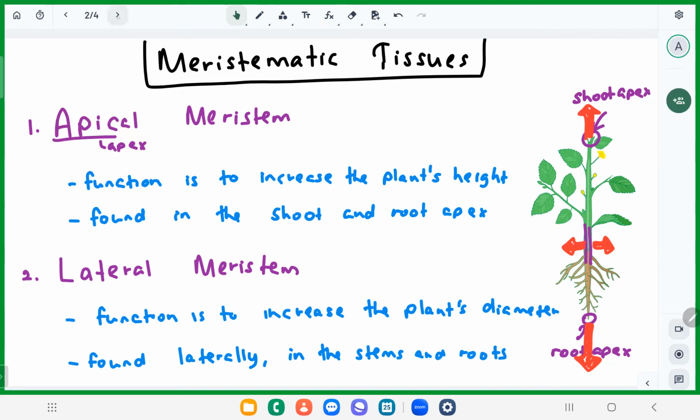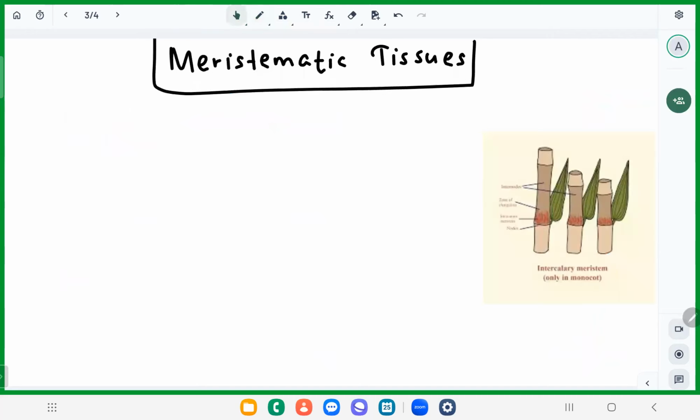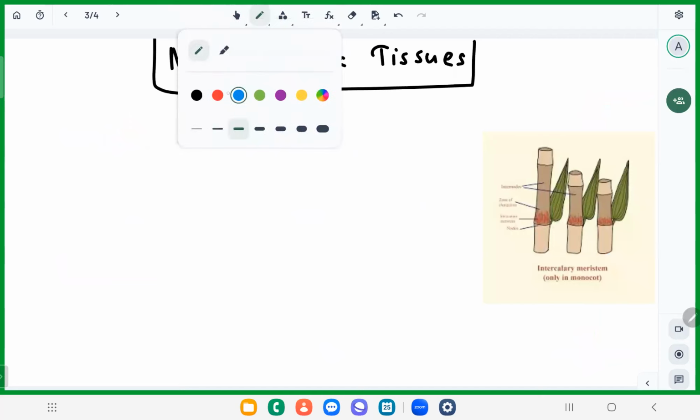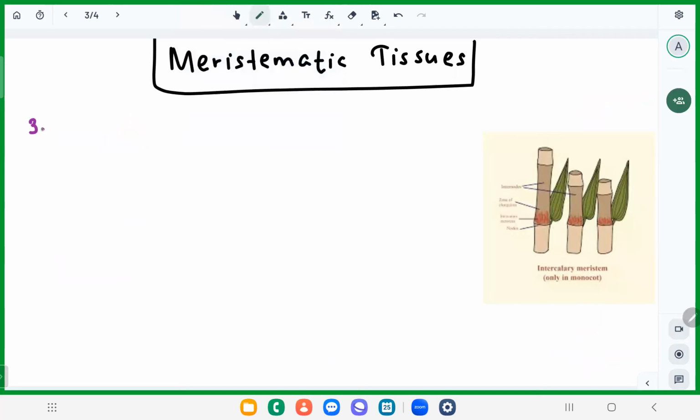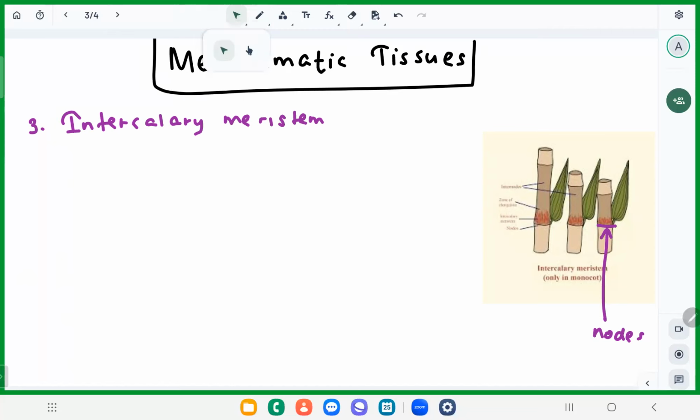All right, and then we come to the third type of meristematic tissue, which is the intercalary meristem. Number 3 is the intercalary meristem. This is a type of meristematic tissue found in some plants, and it is found in the nodes of these plants. There are these areas called the nodes, and in these nodes, you will find the intercalary meristem.